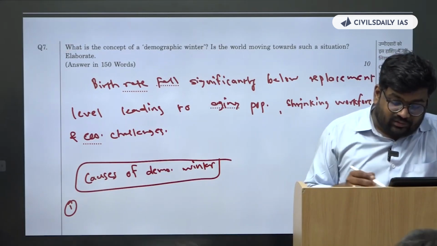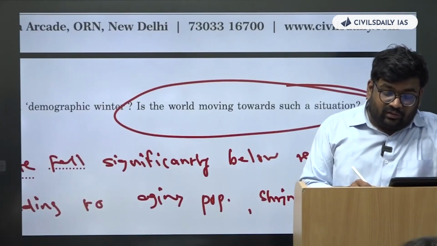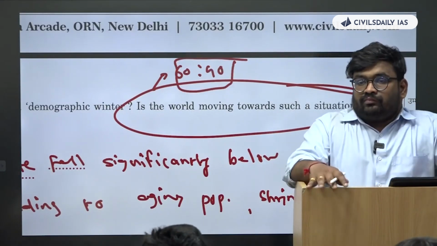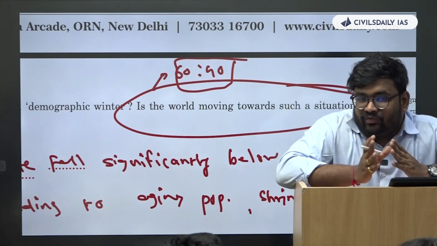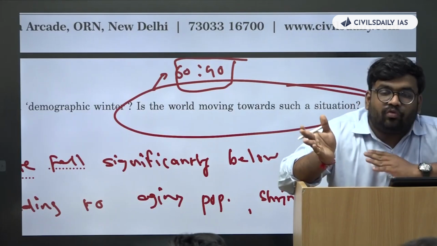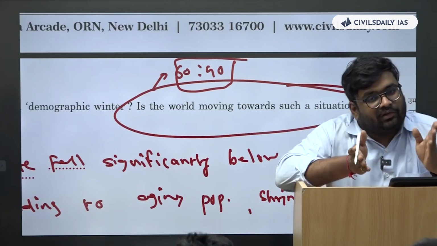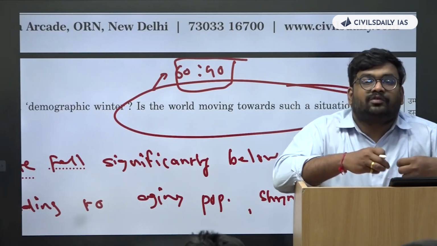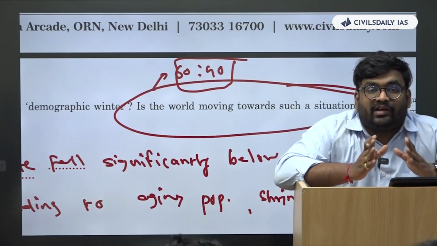When they ask, is the world moving towards such situation, here you remember the 60-40 formula. In case you agree with that statement, you will write 5 to 6 points in agreement and 3 to 4 points in disagreement or as a counter argument. And in case you disagree, it's not your personal opinion, obviously it's based upon the facts, but again you have to keep the weightage 60-40.